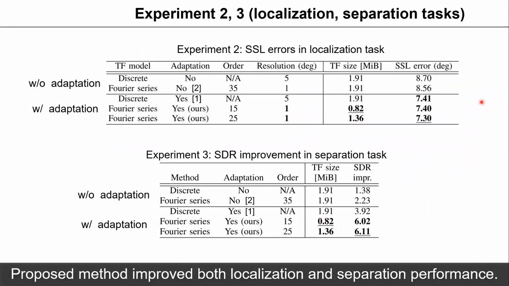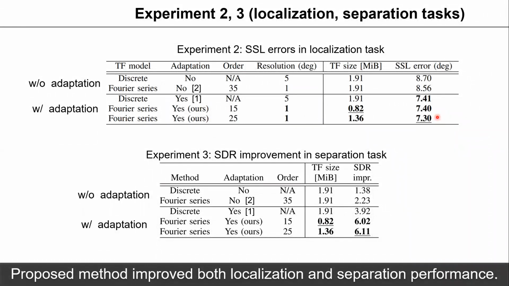This table shows the evaluation results on the localization task. Regardless of the TF model, the adaptation significantly reduced the localization error. The proposed Fourier-based adaptation method shows a smaller localization error than the conventional adaptation method.